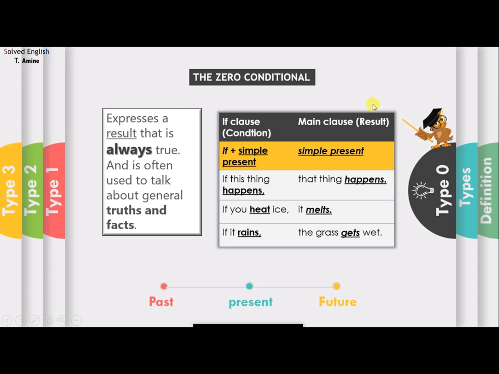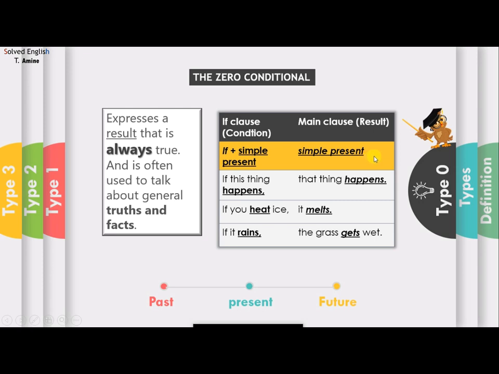For the main clause or the result clause, we use the verb in the simple present as well. So that thing happens. It melts. The grass gets wet. So happens, melts, gets are all conjugated in the present simple.